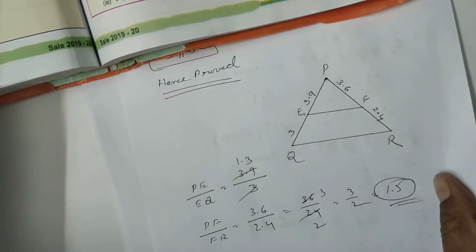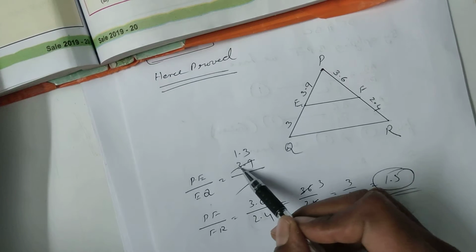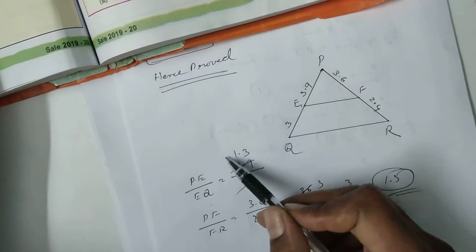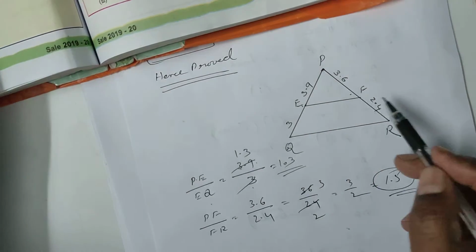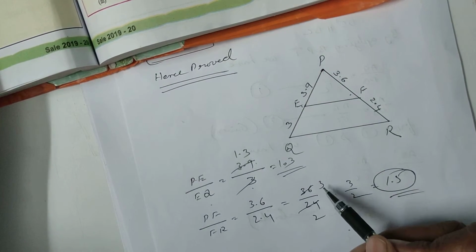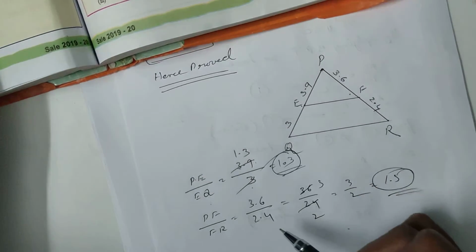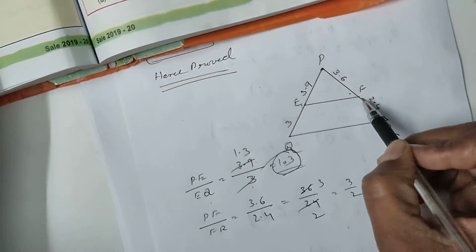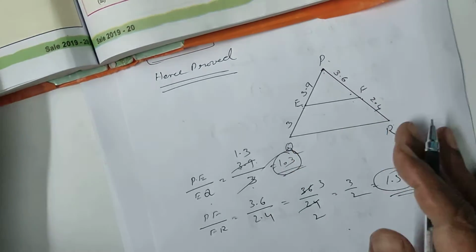Here you can see. Okay, again I'll explain. PE by EQ you did, 3.9 by 3. If you do cancellations you are getting 1.3. PF by FR you did, you got 3 by 2, which is equal to 1.5. It is 1.5, it is 1.3. Means EF is not dividing PQ and PR in the same ratio.